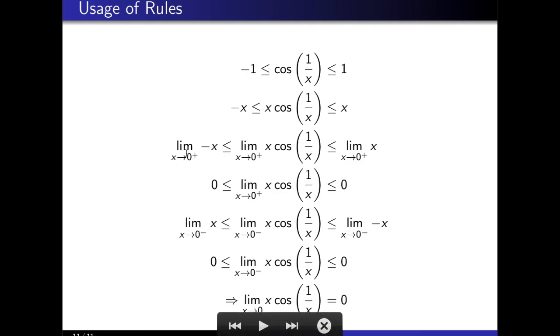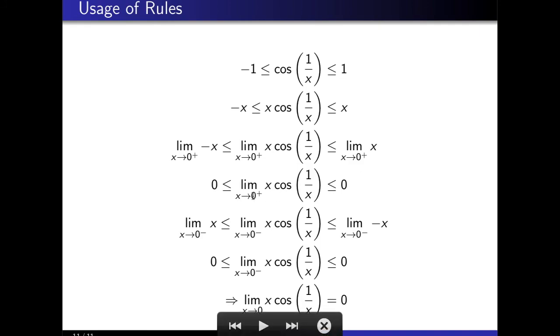But these are limits of polynomials, so the two bounding limits are both 0, and that tells us that the limit as x goes to 0 from the right of x times cosine of 1 over x has to be 0.